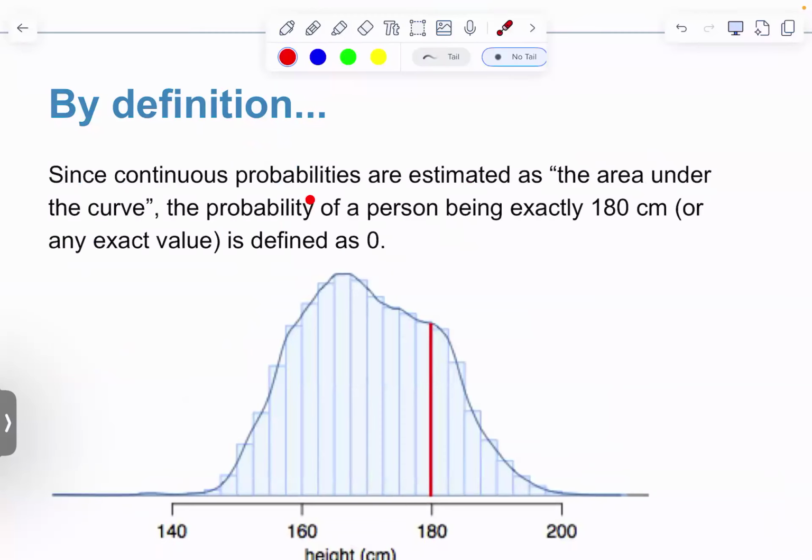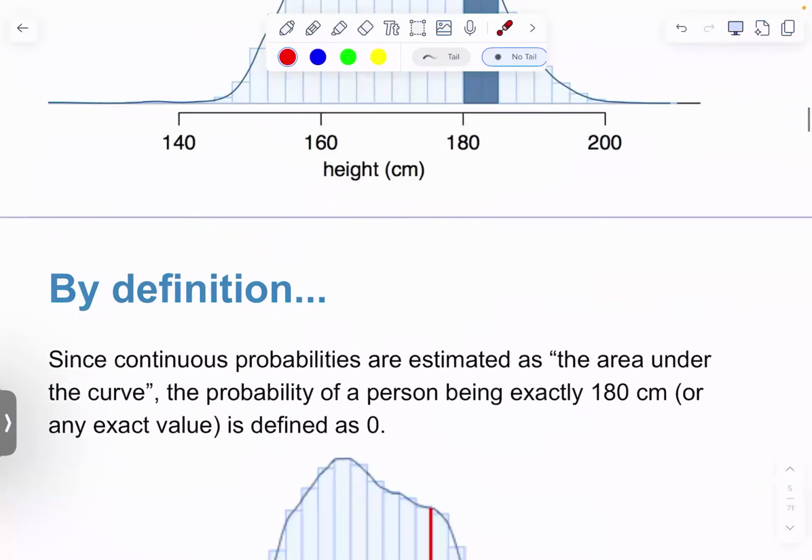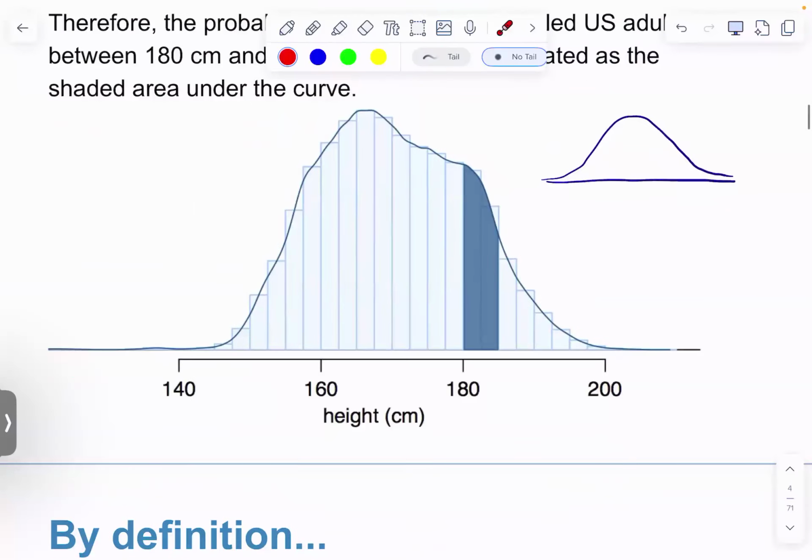Continuous probabilities. If you had to find the area under the curve here, but just at 180, how do you find the area of a rectangle? You take the width times the height. What if you want the probability at 180?